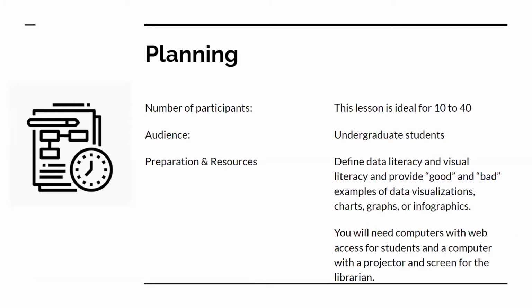It would be helpful for you to provide good and bad examples of data visualizations, or if you're going to use a chart, graph, or infographic, use one of those. You'll need computers with web access for students, and then usually you'll need some type of projector and a screen for the librarian. This is usually something that I can do in a one-shot session, right?